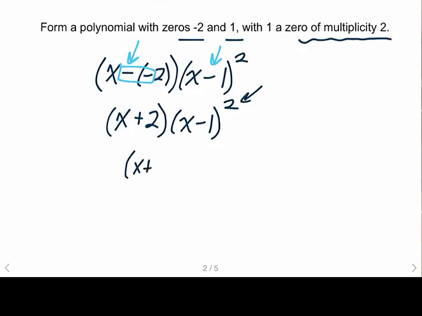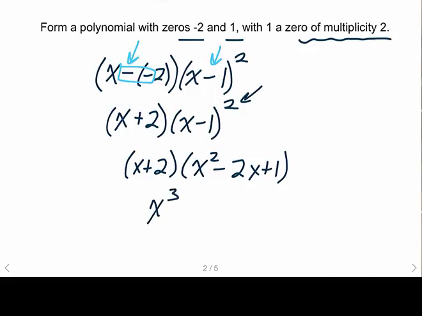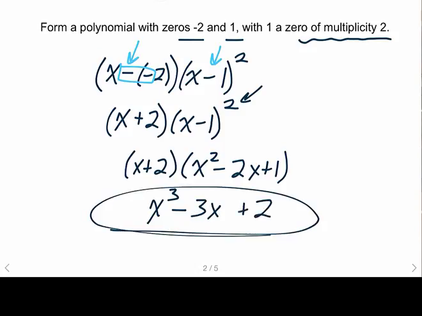So we have x plus 2 times the quantity x squared minus 2x plus 1. And when we multiply this beast out, you can check me on this, we end up with x cubed minus 3x plus 2. So that polynomial has the desired zeros and multiplicities.